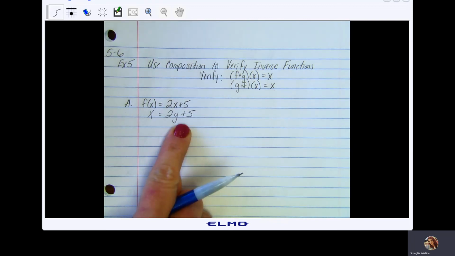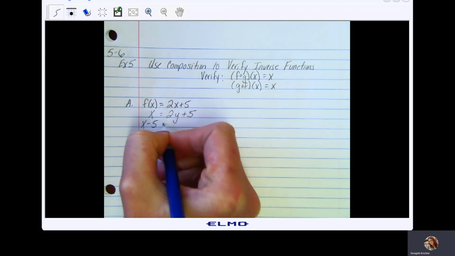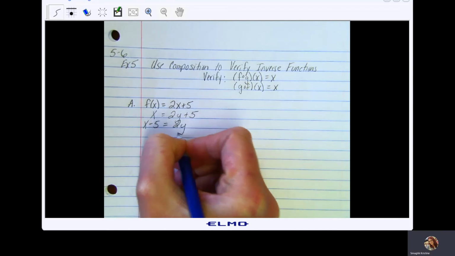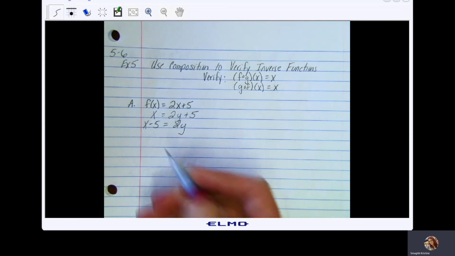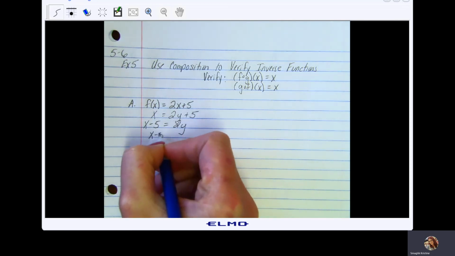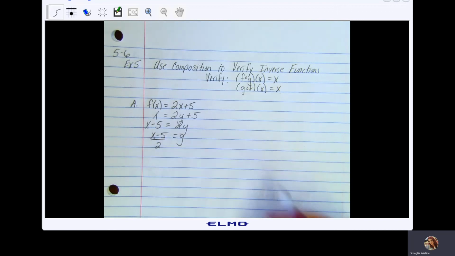Let's solve for y. I'll subtract 5 from both sides. X minus 5 equals 2y. And I'm going to divide out the 2. I am left with x minus 5 divided by 2 equals y.